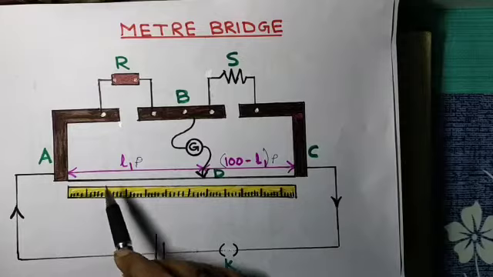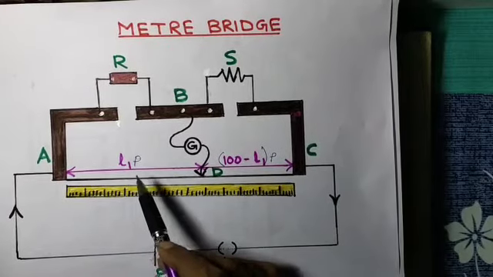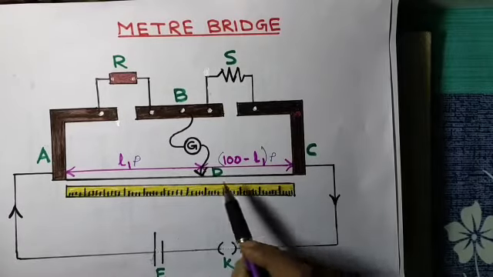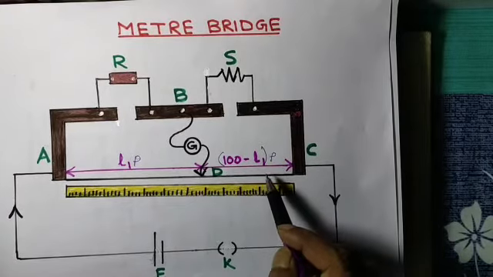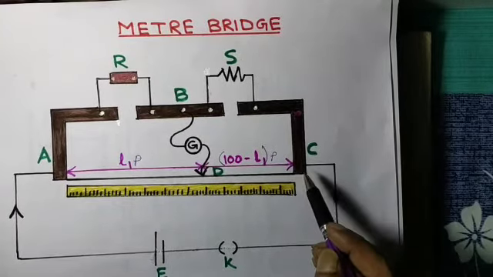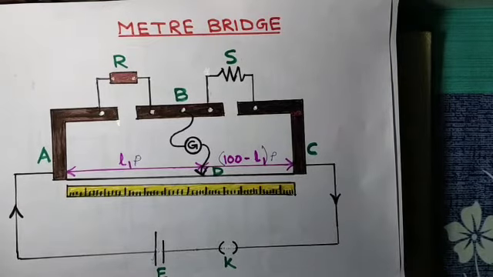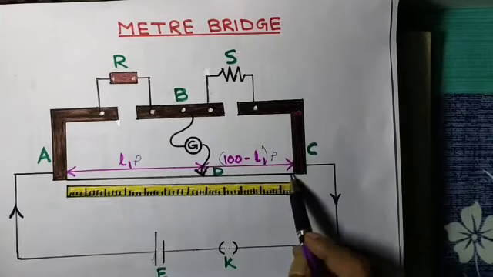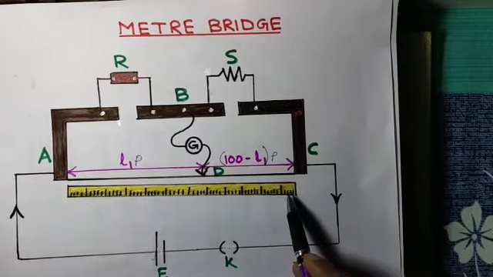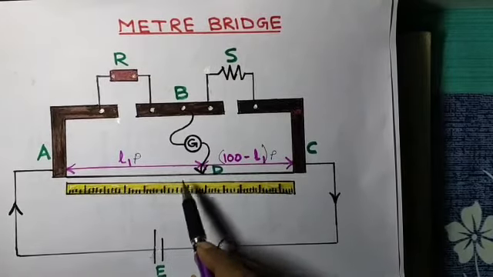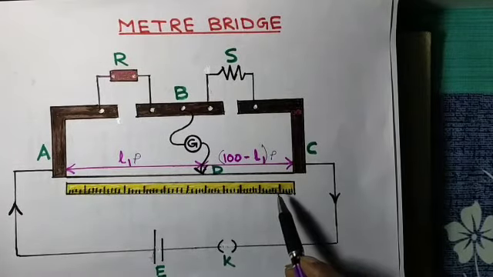The cross-sectional area of the wire is the same everywhere, and this wire has been fitted between A and C directly. Now, one meter scale has been fitted by the side of that wire, and from the meter scale we can calculate the required distance.